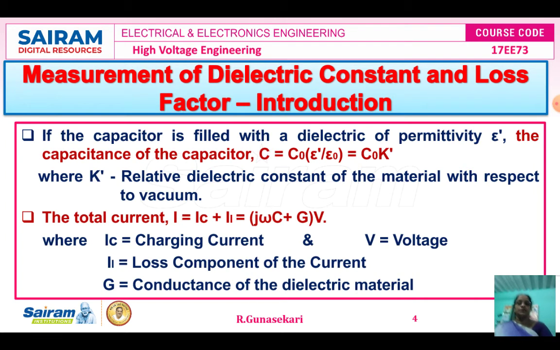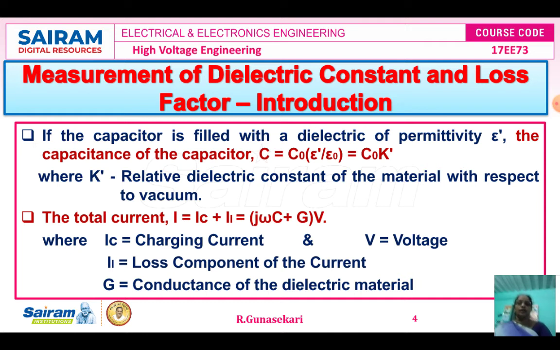If the capacitor is filled with a dielectric of permittivity epsilon dash, the capacitance C of the capacitor is calculated by the formula C equal to C0 into epsilon dash divided by epsilon naught, that is equal to C0 into K dash, where K dash represents the relative dielectric constant of the material with respect to vacuum.